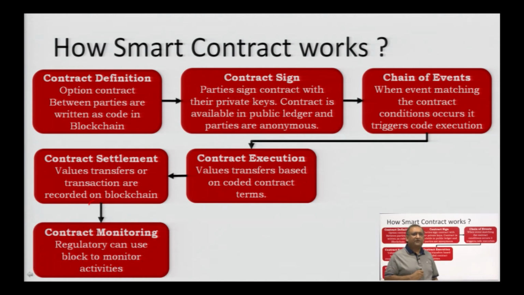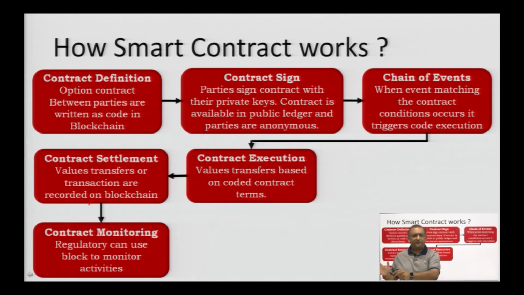After that, the last part is contract monitoring. As I said, the regulator can use the blockchain to monitor activities. So, I will just summarize what we are saying. You define a contract and you code it as part of the software contract. Then you sign the contract with digital signatures. Then the contract is in the platform.